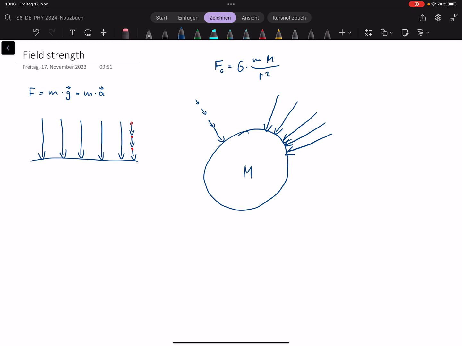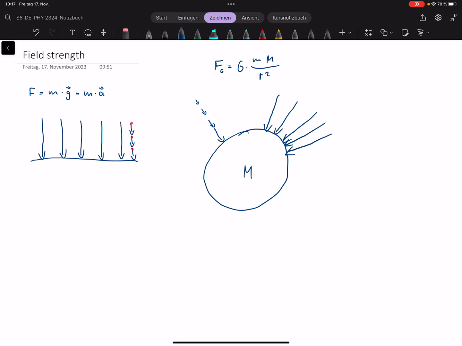Usually, in many cases, we use one large mass that builds up this field that we look at, and a smaller mass that is being put into this field. And then we want to find out more about the interaction of the two masses, and that is a force, an attracting force.